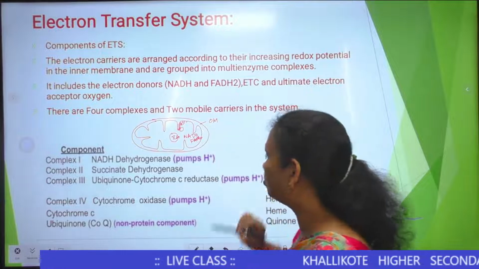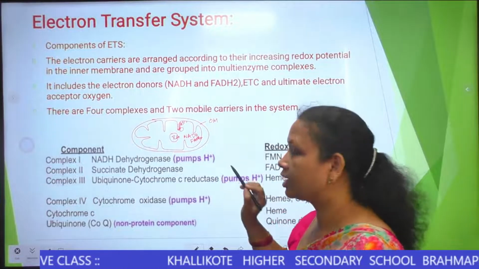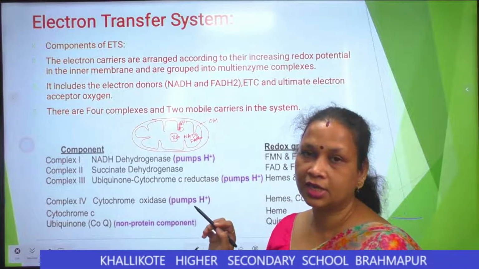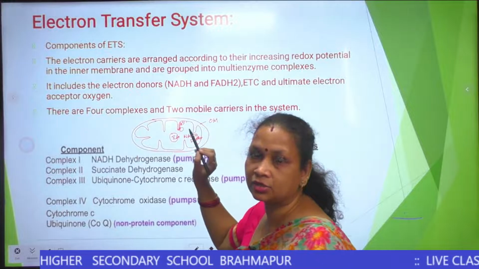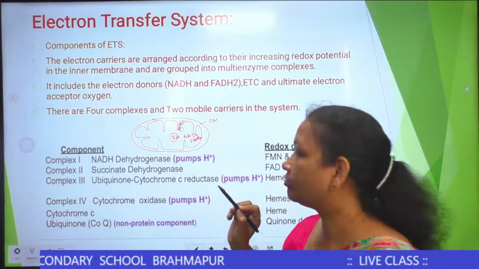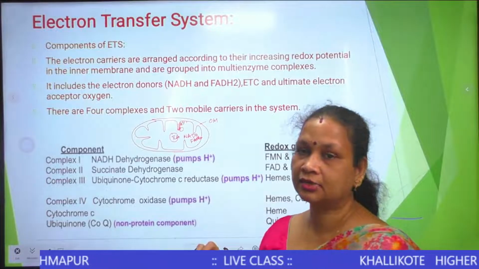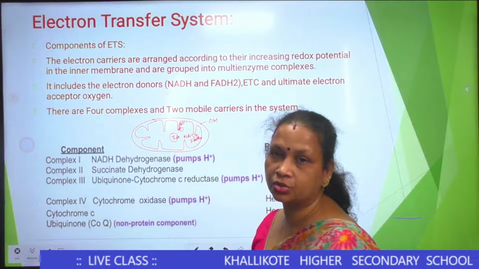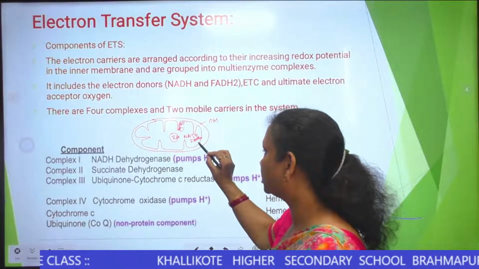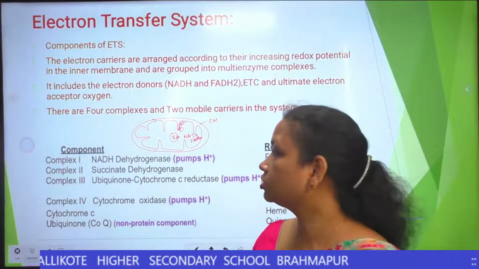These two molecules, NADH and FADH2, do not have much affinity for the electron. So, when they come in contact with the electron acceptors which have high affinity for electron, they will be donating the electron that is present. So, NADH and FADH2 will be getting oxidized when they come in contact with the electron transport system.